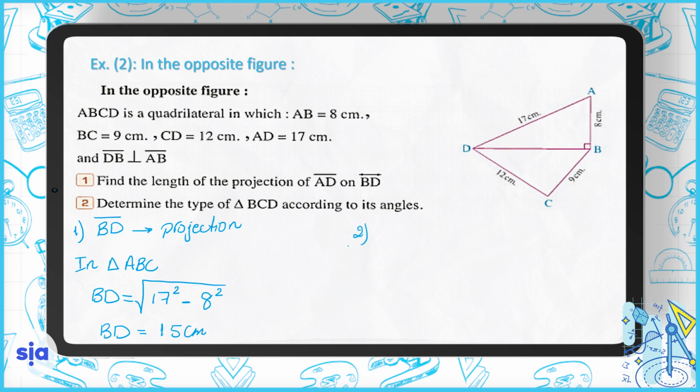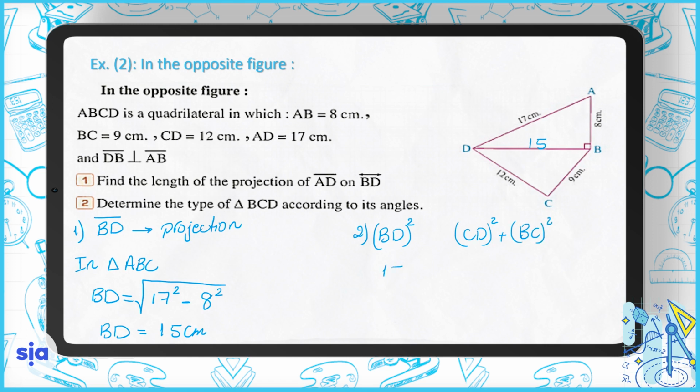For question 2, what is the type of triangle BCD? Since we got that BD is 15 centimeters, we're going to do BD squared as one side, and the other side CD squared plus BC squared.